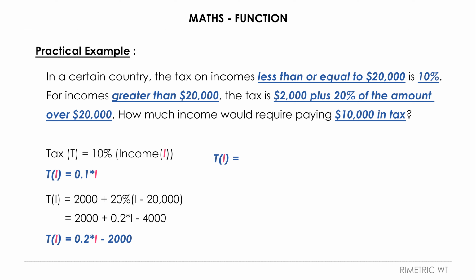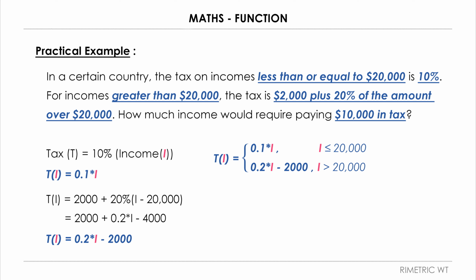Therefore, our final function of tax, which is a function of income, so t of I, will be 0.1 times I when I is less than or equal to 20,000, and t of I is 0.2 times I minus 2,000 when I is greater than 20,000, as shown here on the screen. All right, now that we have our tax function, we need to find its inverse.